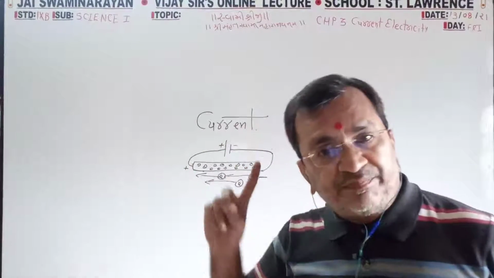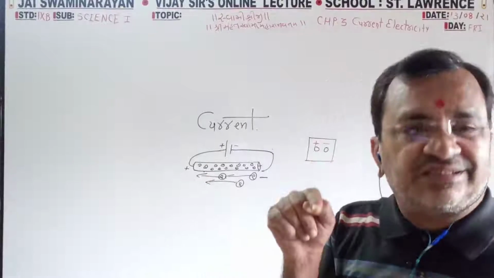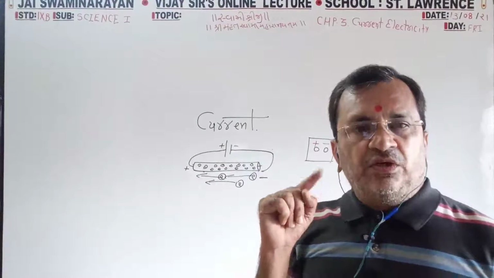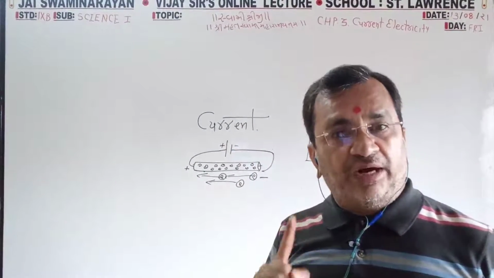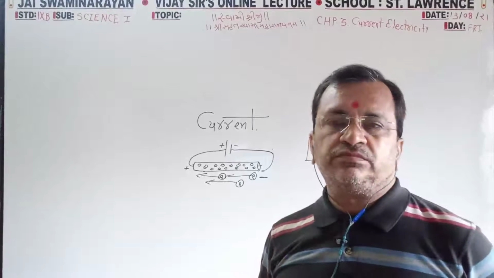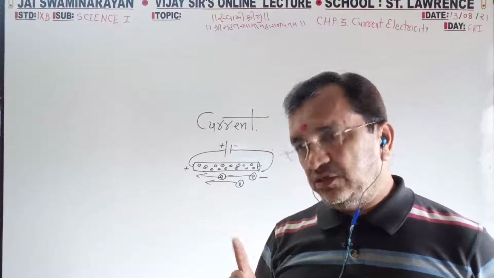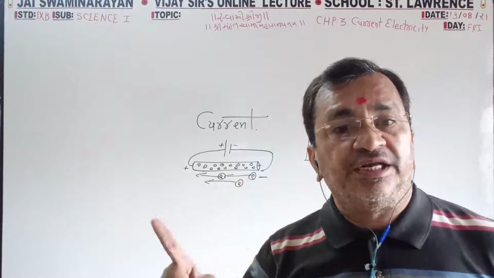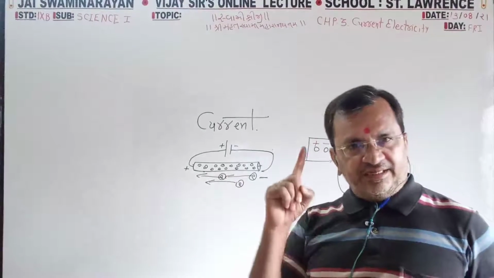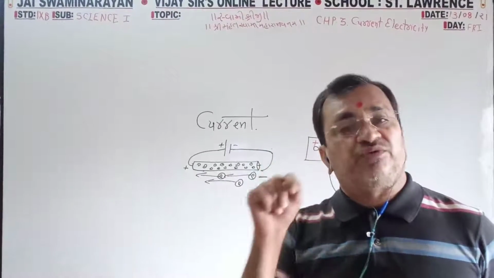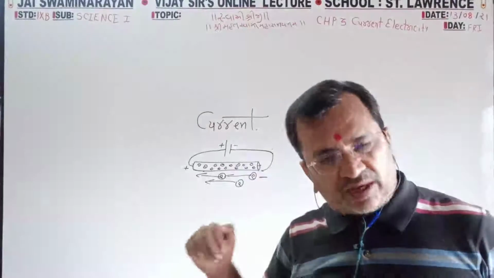Because of that flow only, electric current can pass. When they ask about the flow of electrons, you have to write negative to positive. When they ask about the flow of electric current, you have to write positive to negative, higher level to lower level.